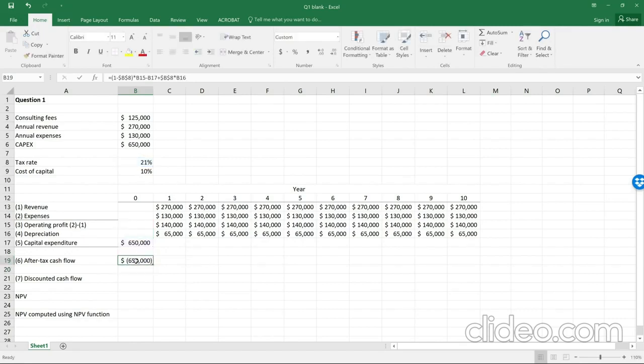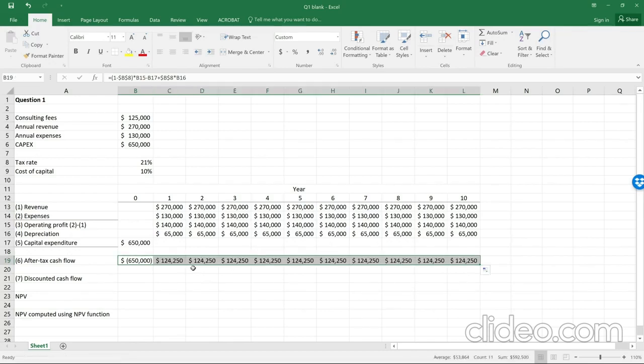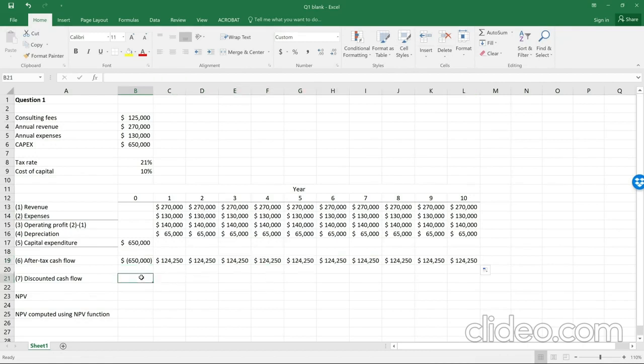And so in year 0, after-tax cash flow equals negative $650,000. In all of the subsequent years, in year 1 through year 10, after-tax cash flow equals $124,250.